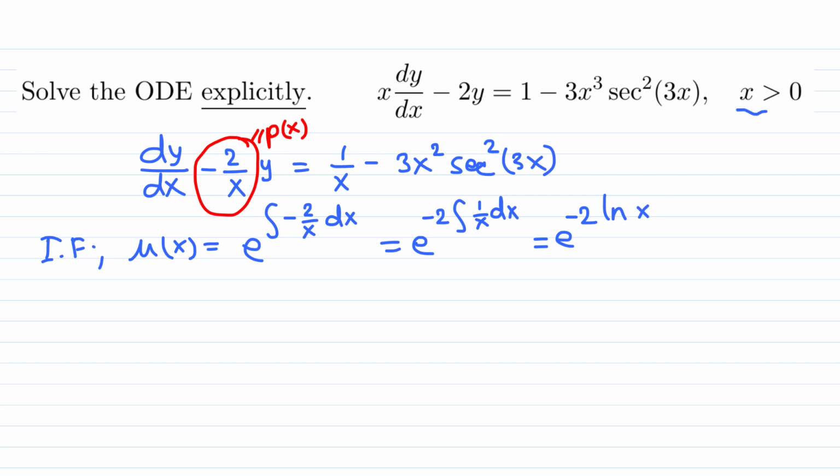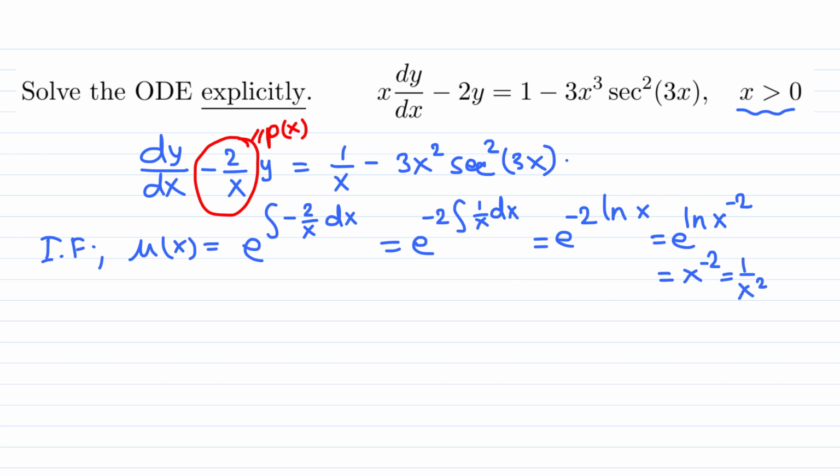But x is given positive, so the absolute value is not needed. Now let's get rid of this natural log. This negative 2 goes here, by the way: e raised to natural log of x to the negative 2. Now e and natural log cancel, so x to the negative 2, which is in fact 1 over x squared.